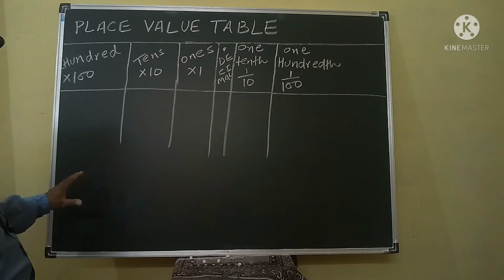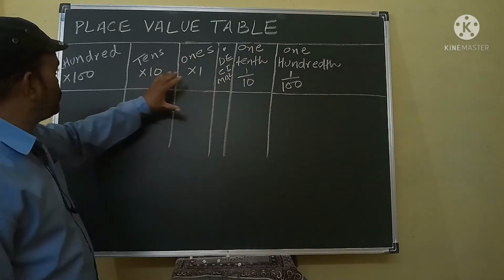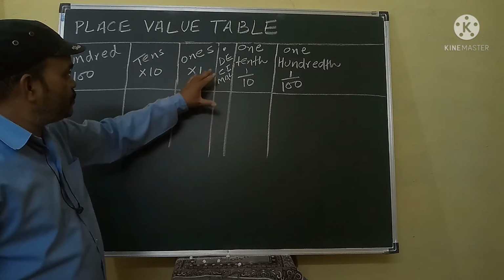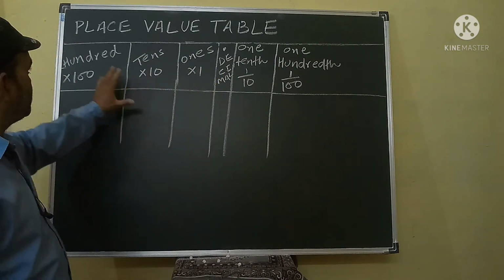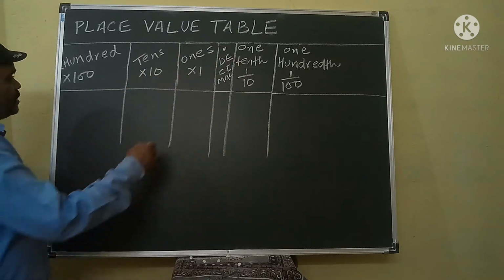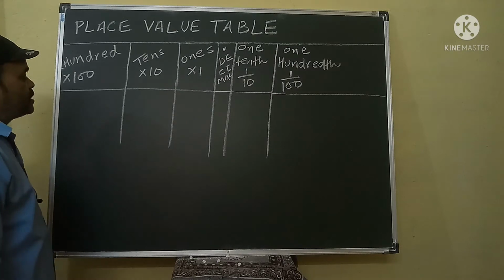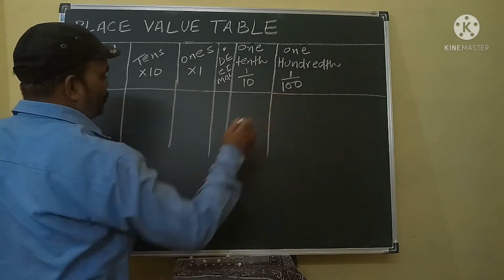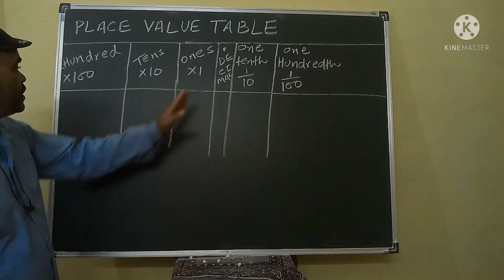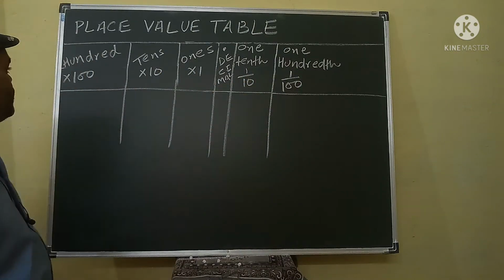Again I will explain. This is the decimal point. This place value table belongs to decimal numbers. This decimal point divides this blackboard into two parts. This is the left part and this is the right part.